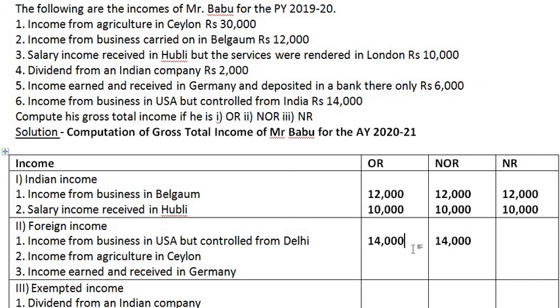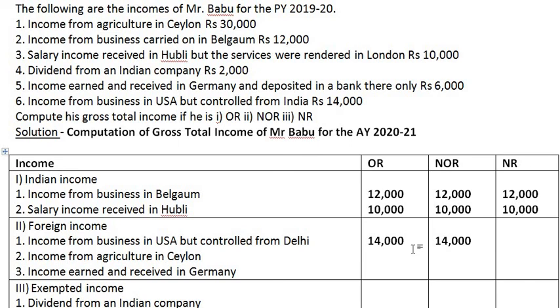Instead of Ceylon, if you are given income from agriculture in Bangalore, what happens? We consider it as Indian income and Indian agricultural incomes are exempted from tax. This is agriculture income, true, but it is earned from a foreign country. That is why it is taxed in foreign income only in one column, that is ordinary resident.